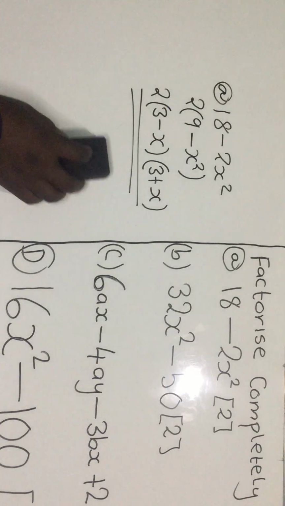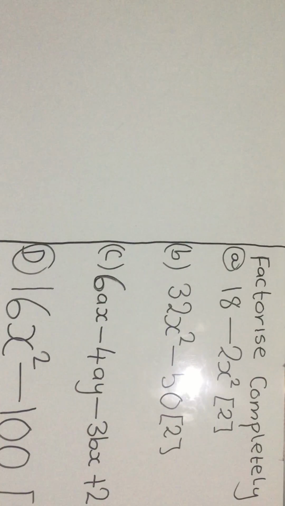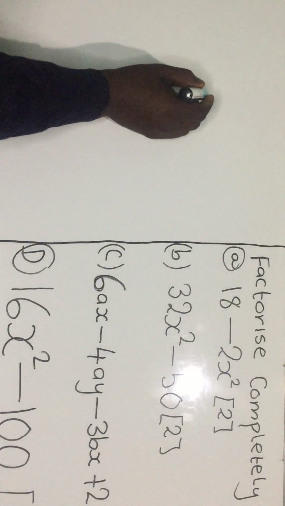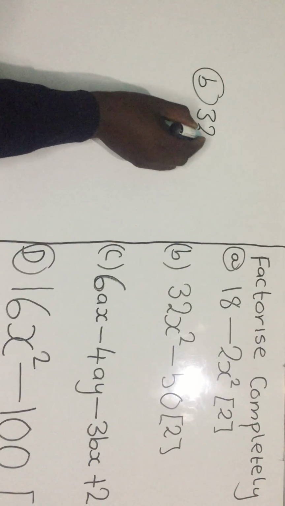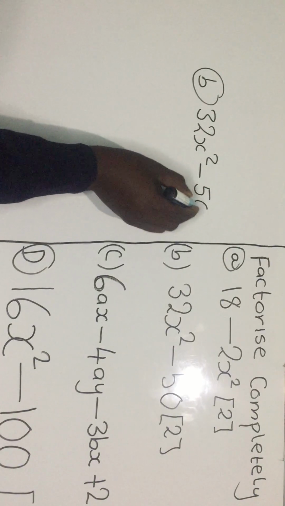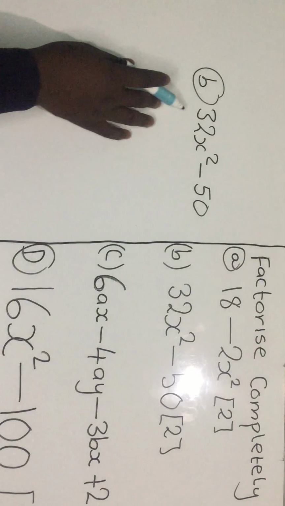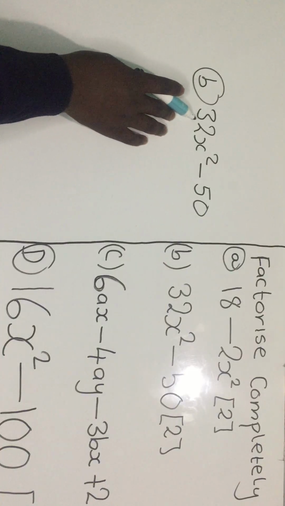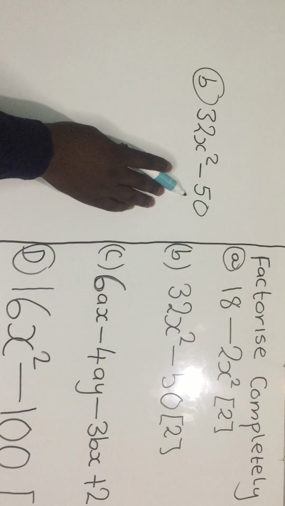Question B is 32x squared minus 50. This is the question. The first thing you do is look for a number which can go into both 32 and 50. What number is that?